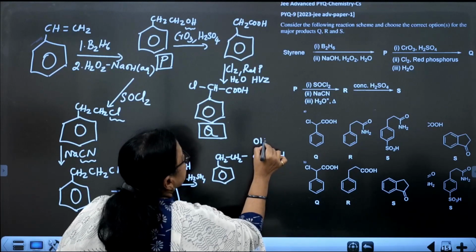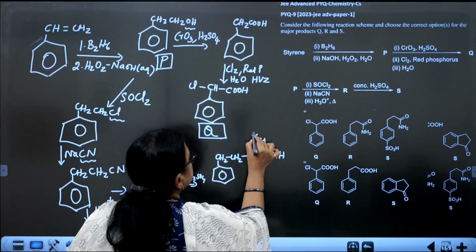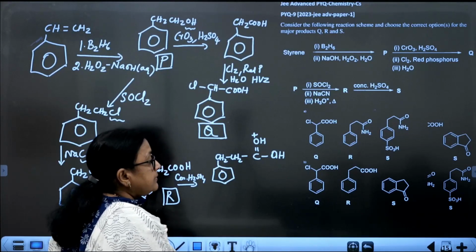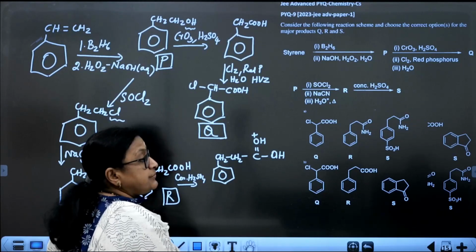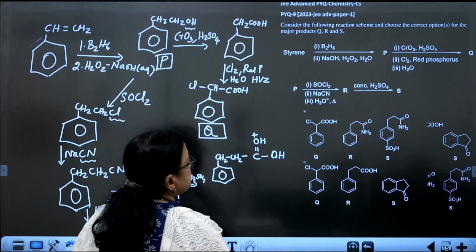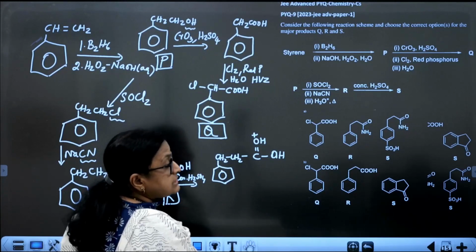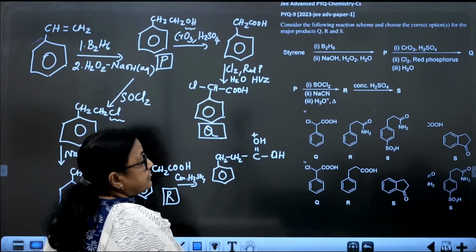The acid protonates this, and once this is protonated, it enhances the electrophilicity of this carbon, because the carbon was already quite electronegative being bonded to an oxygen. Now it is bonded to an oxygen carrying a positive charge, which enhances its electrophilicity.